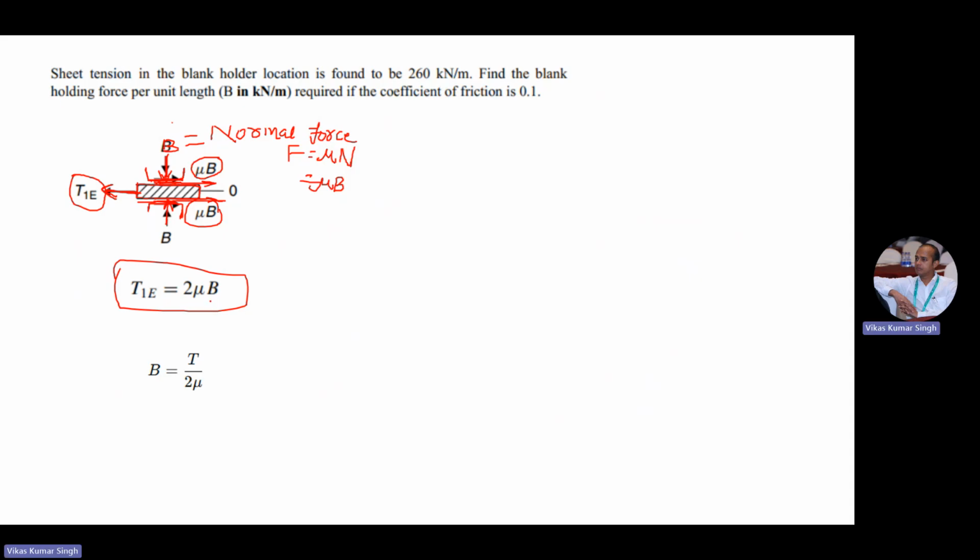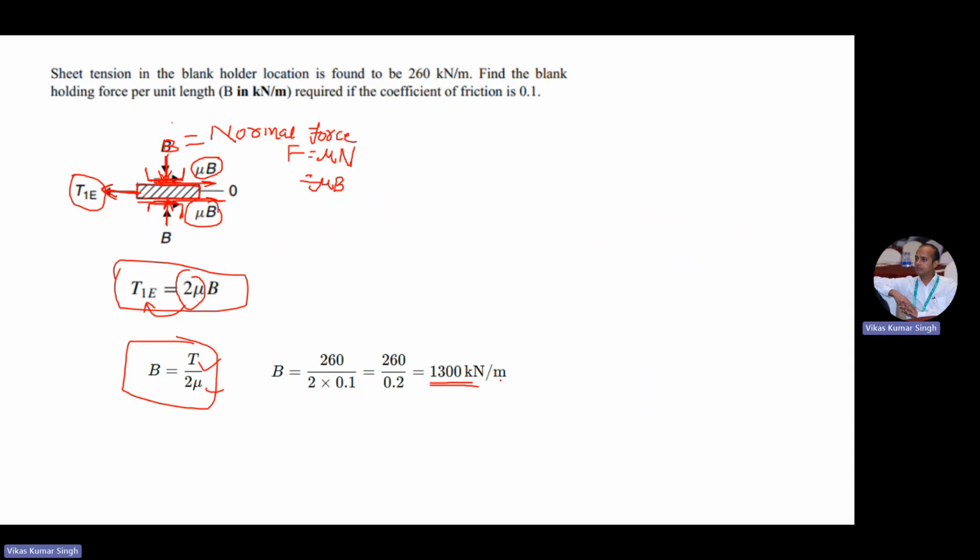Now, what is the B? So we'll just take this side and we'll get this. Now T is given, mu is given. So we'll put that formula and we'll get 260 divided by 2 into 0.01. We'll divide, we'll get 1300 kilonewton per meter.